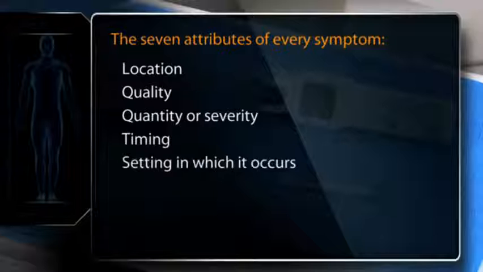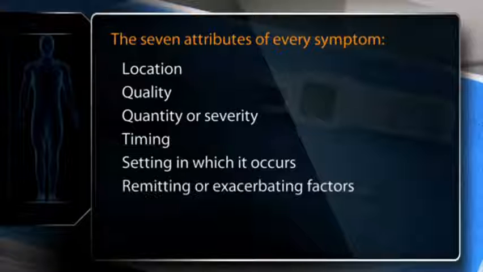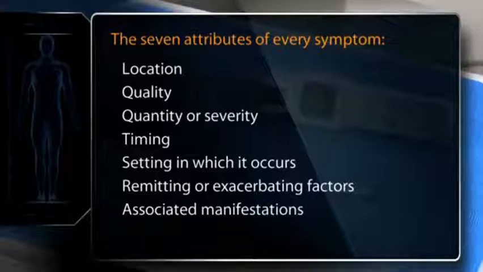The setting in which the symptom occurs, that is, environmental factors, personal activities, emotional reactions, or other circumstances that contribute to the pain. Remitting or exacerbating factors. Is there anything that makes it better or worse? And associated manifestations. Has the patient noticed anything else that accompanies it?